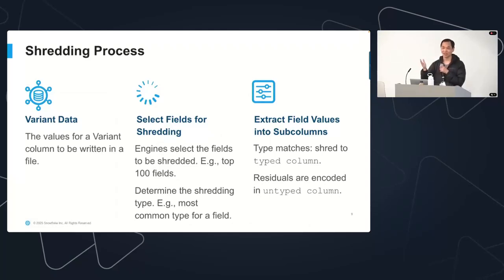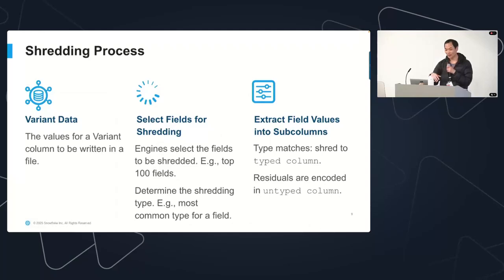It's not in the spec; actually, the spec doesn't define that. For example, Snowflake or Spark may use different algorithms to do that. One example may be that I choose the top 100 fields, meaning the paths that appear most in the data. Or maybe as simple as using the first variant data I'm seeing, and all the paths I see in there, I extract.